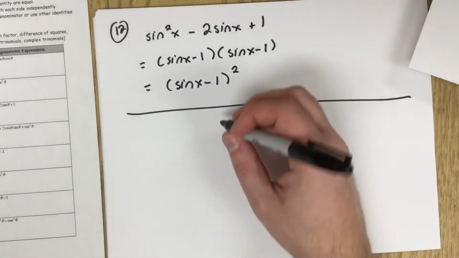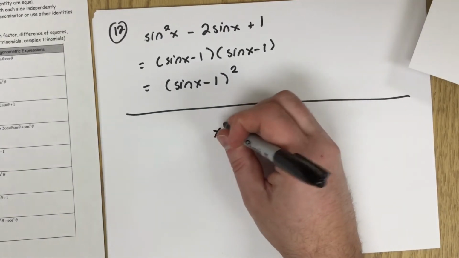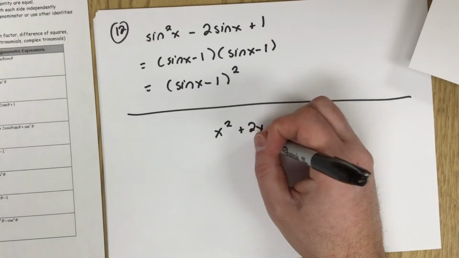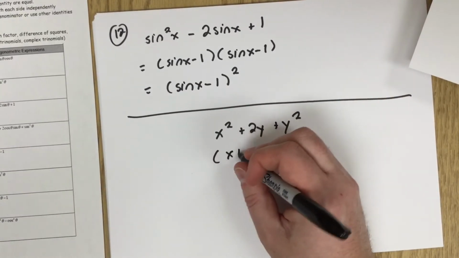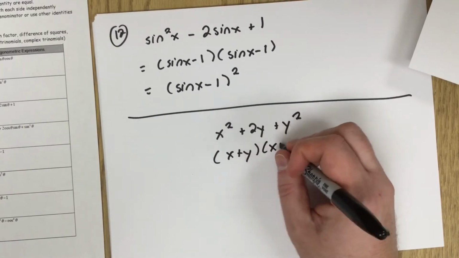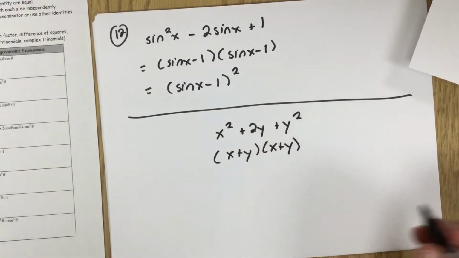For the next one, I'll think of another inspirational one. If we have x squared plus 2xy plus y squared, then this factors into x plus y times x plus y, which is x plus y squared.